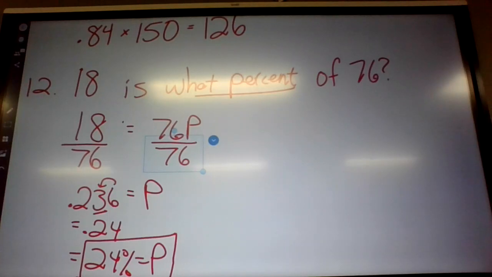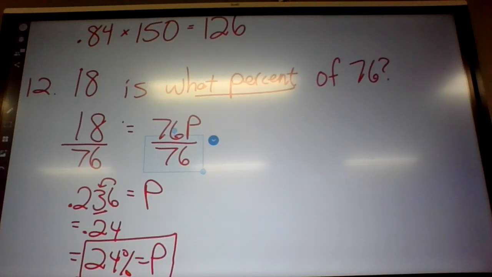Because these are on the same side, not on different sides, like if this had been 0.36n equals.